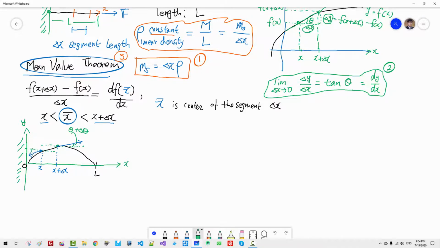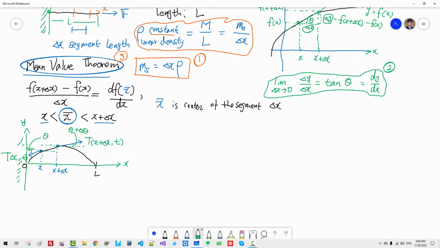This angle is theta. This T is tension, at x plus delta x, t. This T is at x, t. This is x.